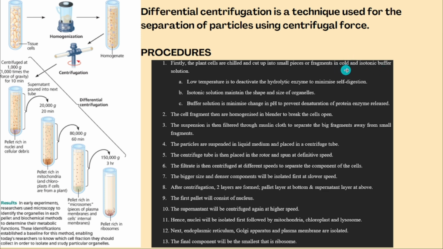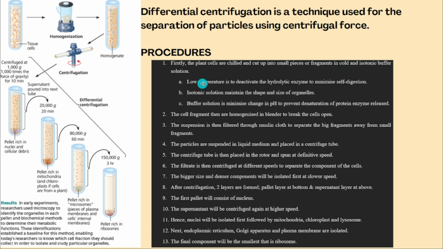The main key points are cold, low temperature, and also isotonic. You cannot immerse it in distilled water, in a salt solution, or in a very sweet solution. You need an isotonic solution.